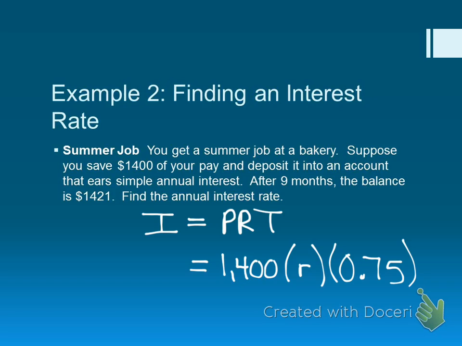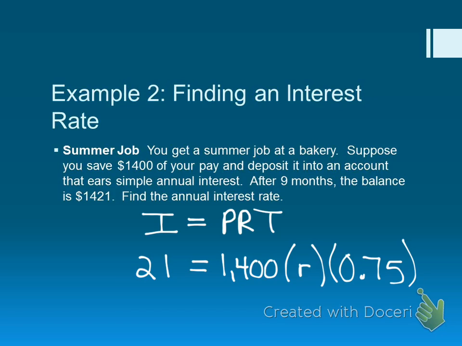That's the amount that I earned in interest. So although the problem doesn't say my interest is this much, I can subtract, okay, well, this is how much I put in, this is how much is there at the end, so I subtract them to find my amount in interest being $21. So that's where I get the $21 from.